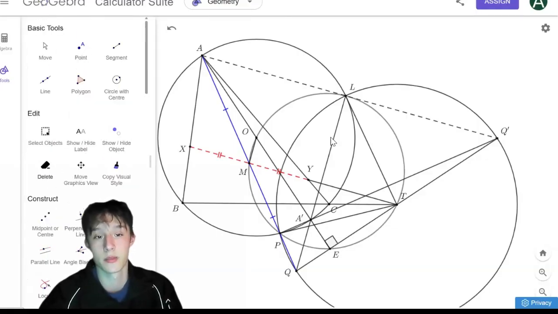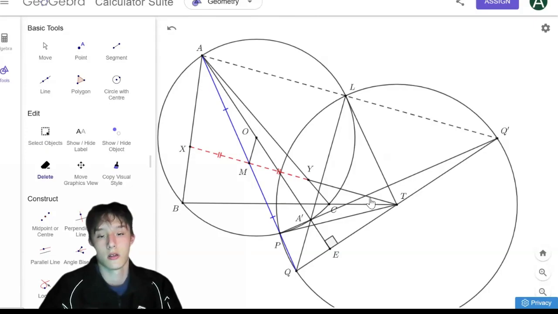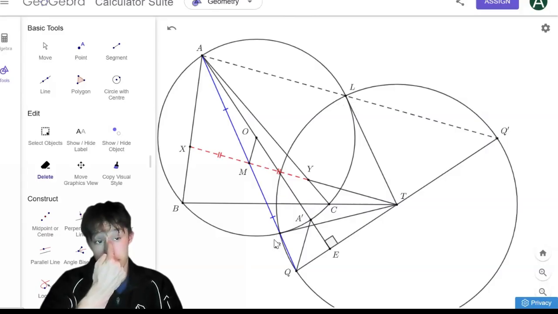The way it actually helps us is that we forget about all these lines, right? We know that OM, well, say M, P, we want to show some cyclic stuff. So if we look at triangle AQ Q prime, M is the midpoint, then we have a point E, which is the foot of the height, and T is the midpoint of Q prime.